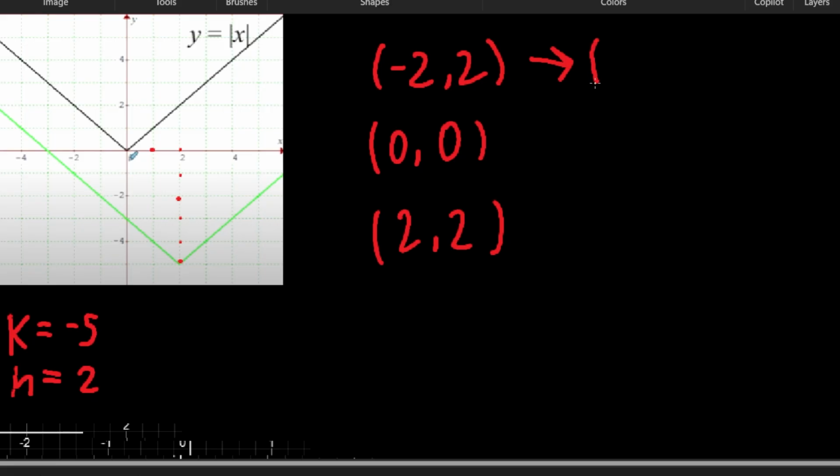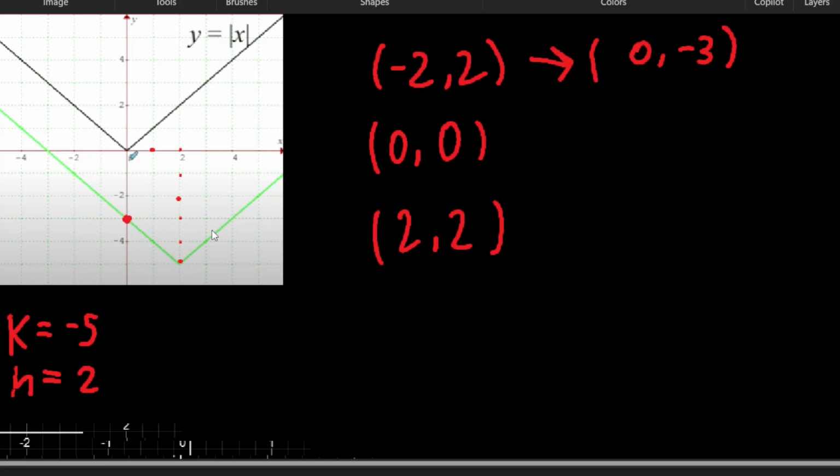So we now know the h and k values. The x value here is minus 2 plus h, which is 2, so that's just 0. And then the y value here is 2 plus minus 5, which is 2 minus 5, which is negative 3. So 0, negative 3.